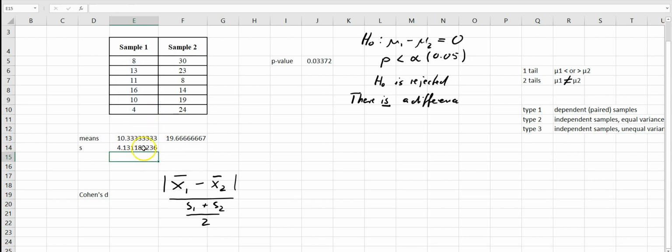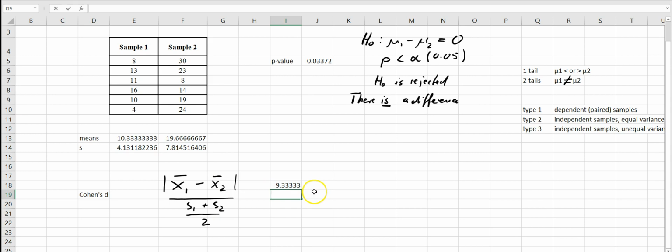And we get our sample standard deviation here, and by dragging it to that side, we do that for both samples. So what we can do now is we can calculate the mean difference. So here I just simply take this mean minus this mean. It doesn't matter which way around, because we said we don't care about the sign of that. So we get a mean difference of 9.33.